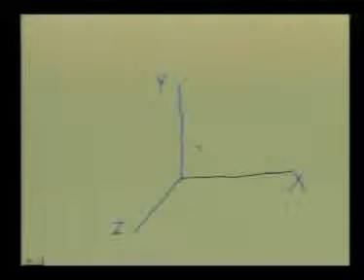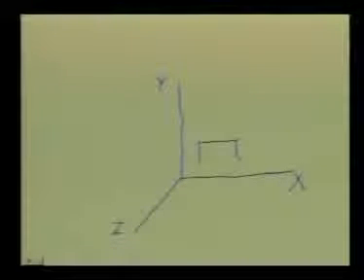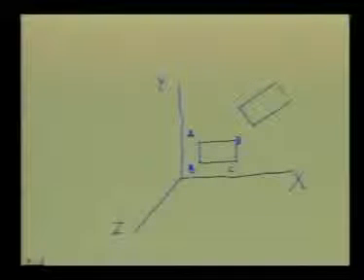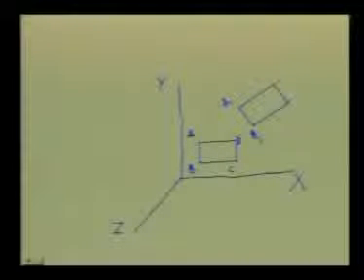If a rigid body A, B, C, D is moving in this xy plane and takes up a configuration A1, B1, C1, D1, then the configuration of this rigid body during this plane motion can be completely described by three independent coordinates.